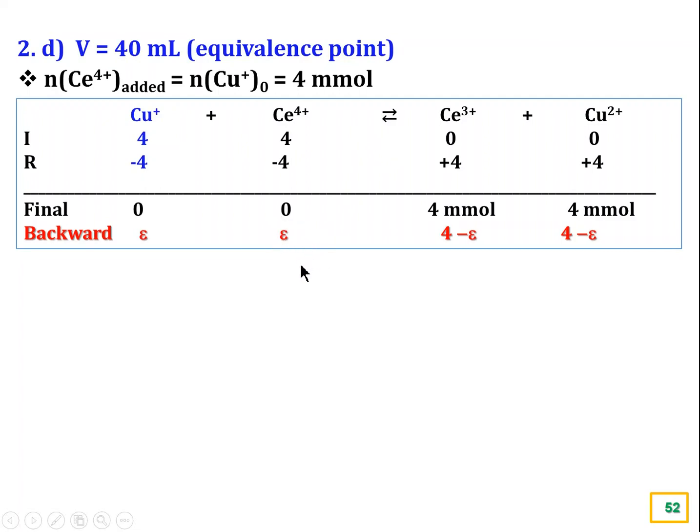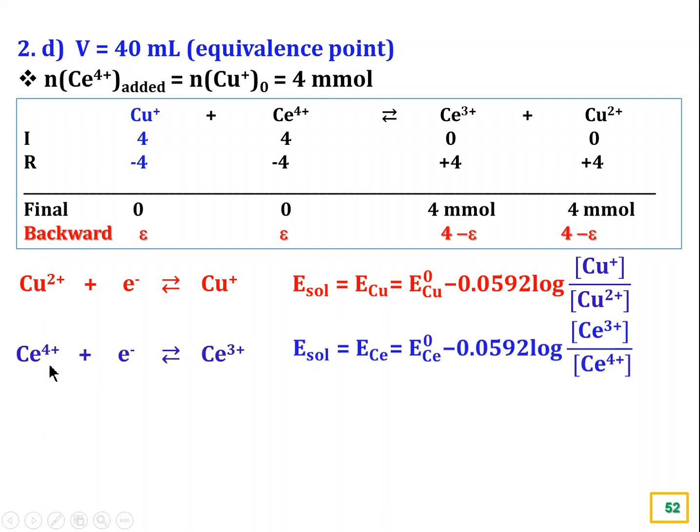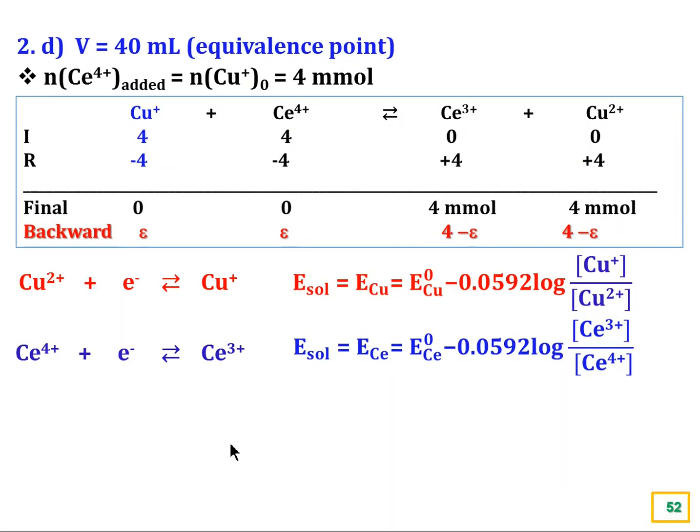To avoid calculation, we pass to another method: write E of the solution equals ECu equals E0 minus 0.0592 log of red divided by ox concentration, and the same for the couple Ce4+/Ce3+, E of the solution equals E0 minus 0.0592 divided by 1 log Ce3+ divided by Ce4+.